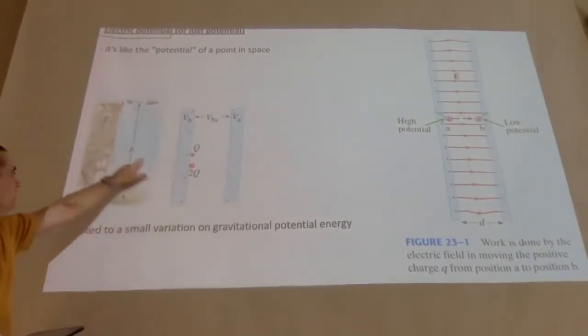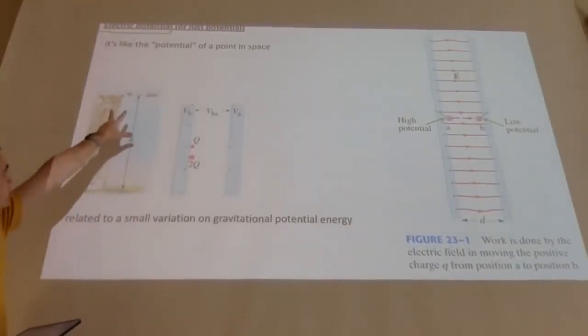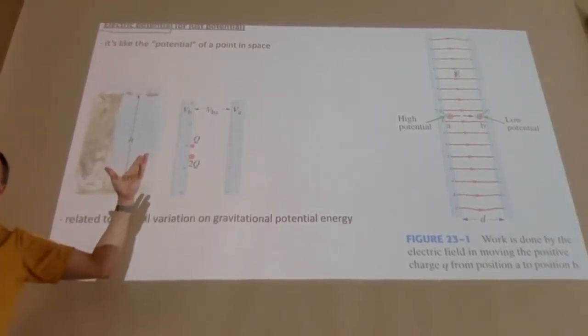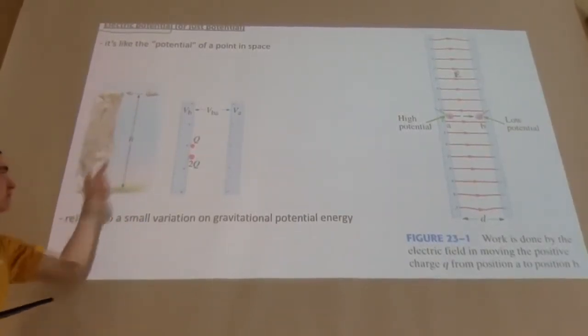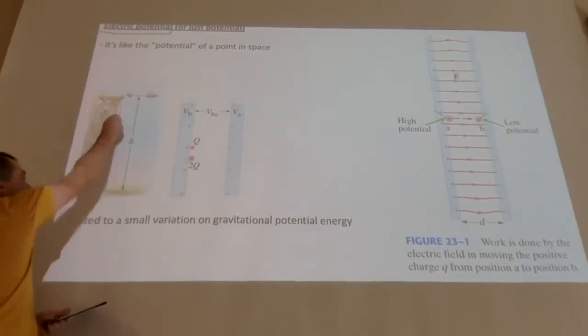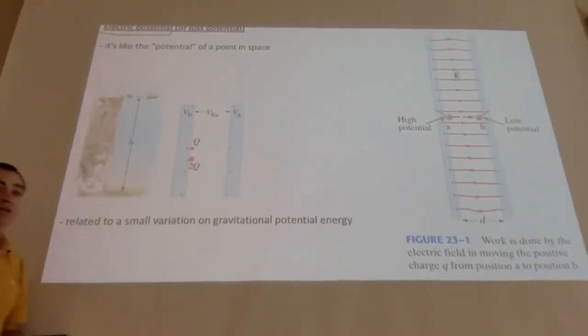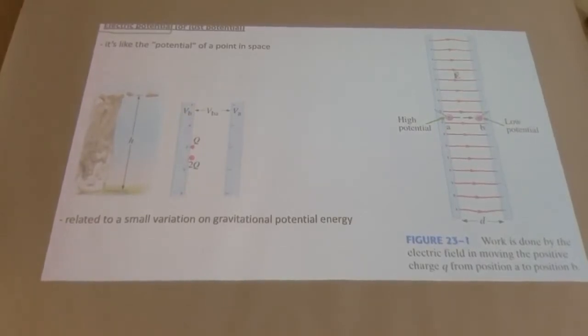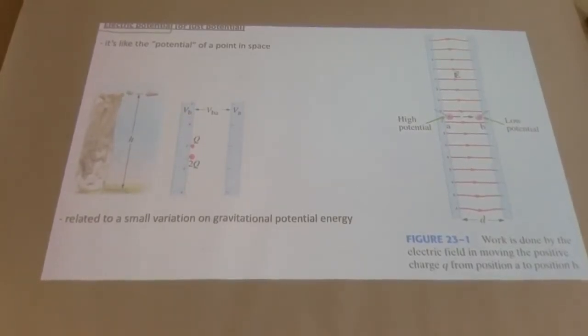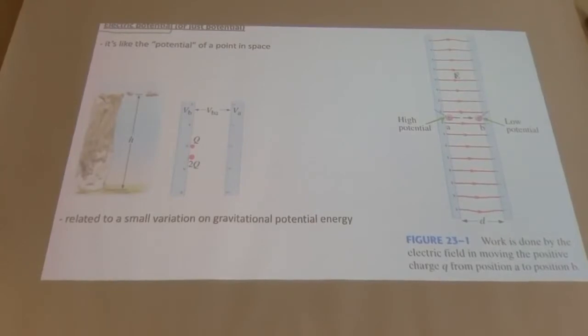If we were dealing with gravity, notice they put two different size rocks up at the top. We could assume that those probably have different mass. If they are a certain position off the ground, we would say that those two pieces of mass both have gravitational potential energy, but a different amount because they have different amounts of mass.